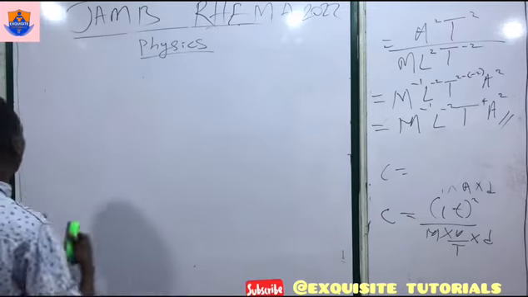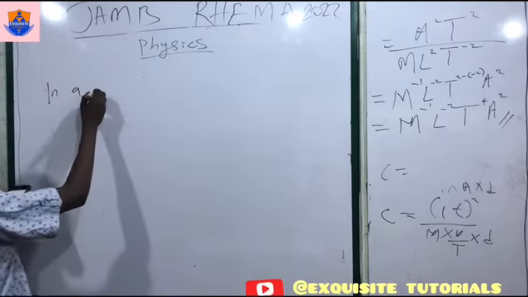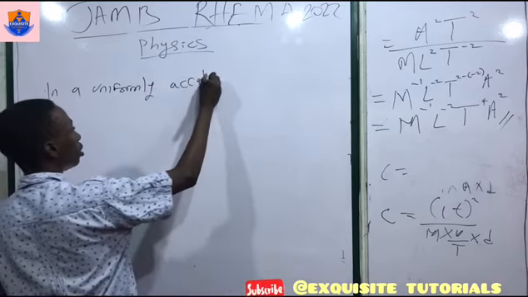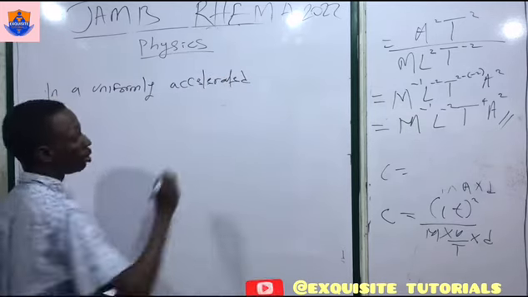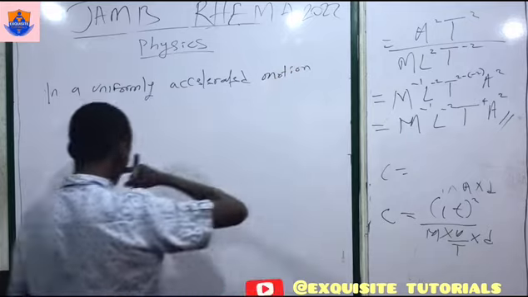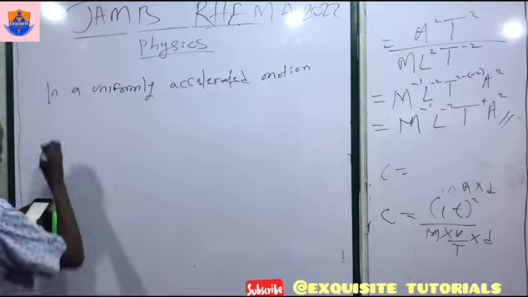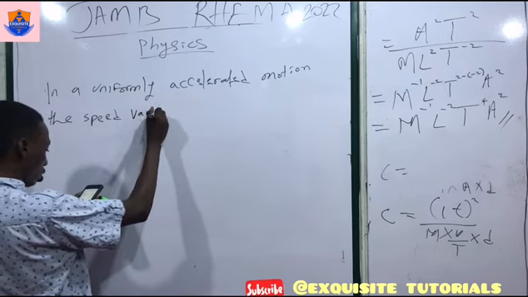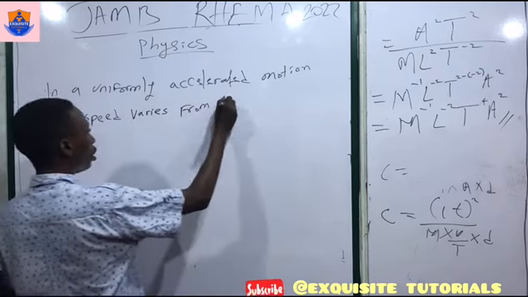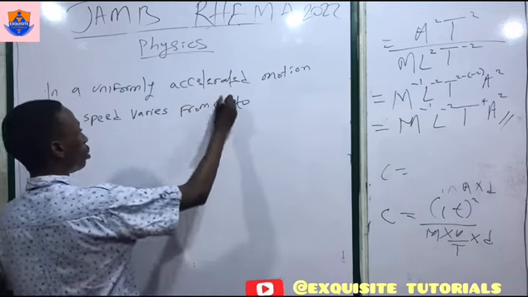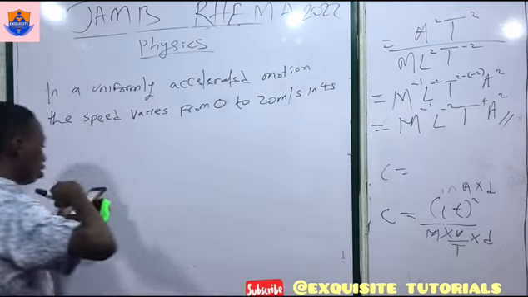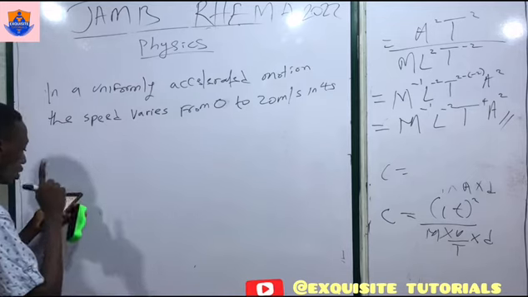In a uniformly accelerated motion, the speed varies from 0 to 20 meters per second in 4 seconds.